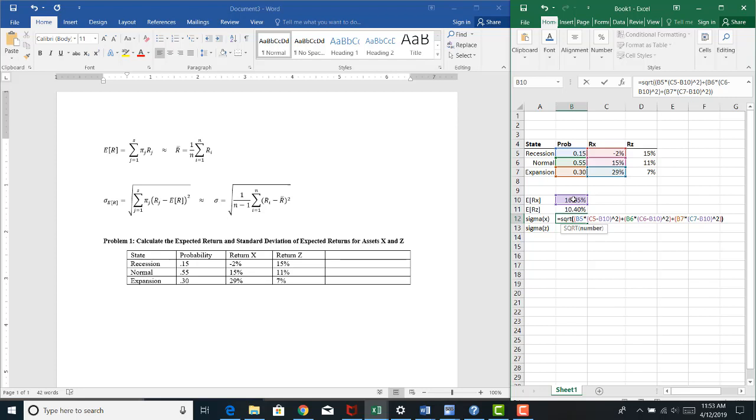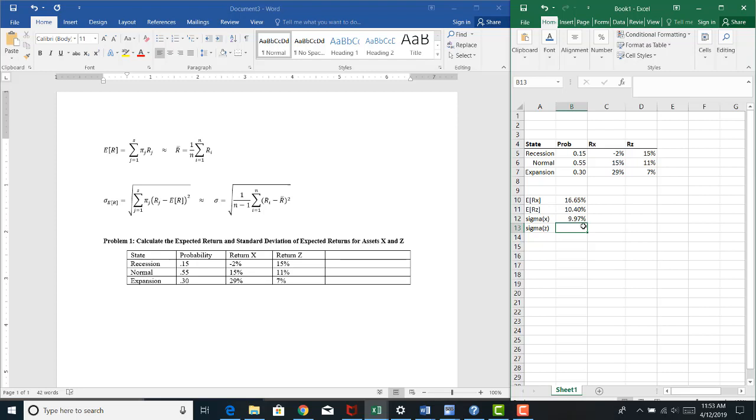And I have to close my square root parentheses there, so I'm going to take the square root of that big long formula inside of there, and when I hit enter, I get a standard deviation of stock X of 9.97%.